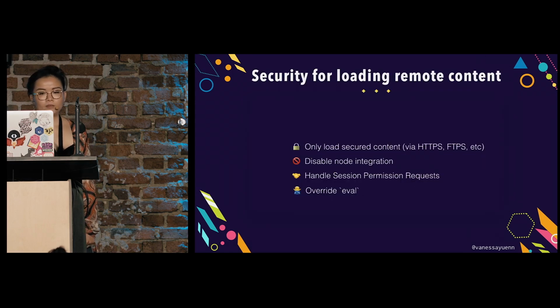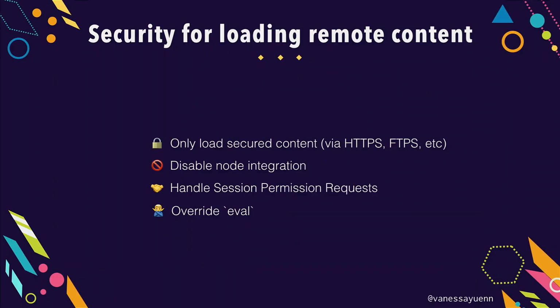Fourth thing, eval, override it. Eval is a core JavaScript method that allows execution of JavaScript from a string. It's written specifically for executing JavaScript that is not known ahead of time. And there are a lot of legitimate use cases of why you would want eval.